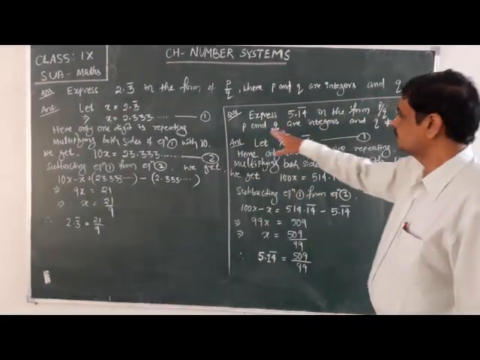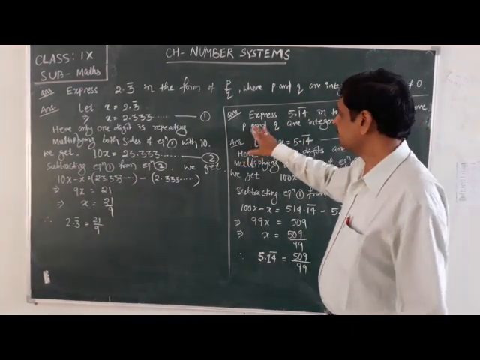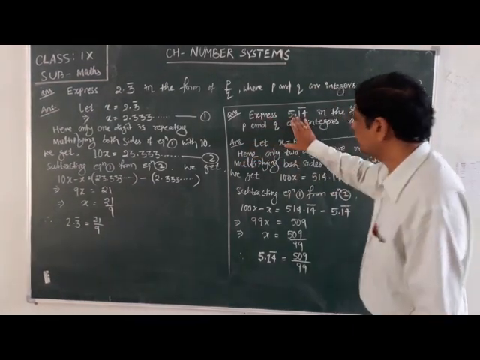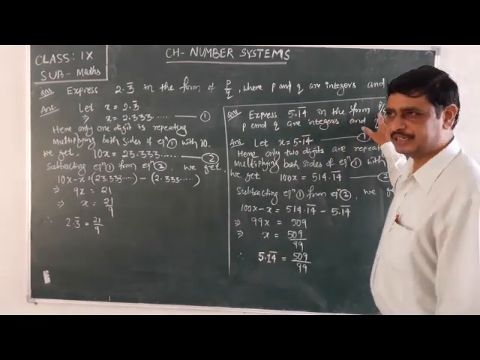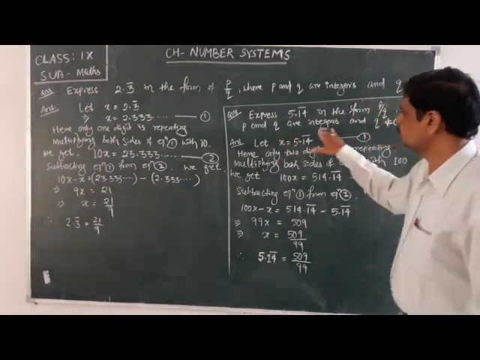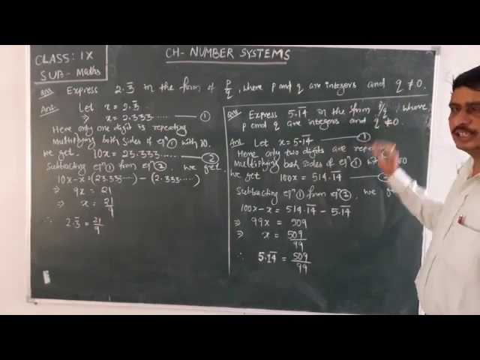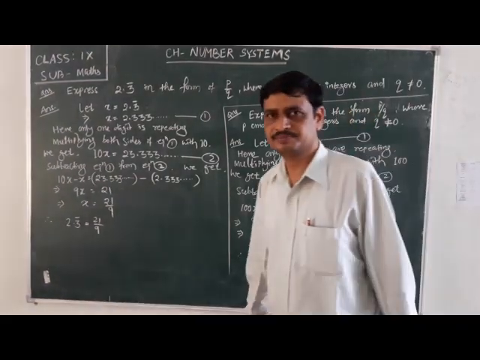Now look at the second item. Express 5.14 bar in the form of p by q, where p and q both are integers and q is not equal to 0.